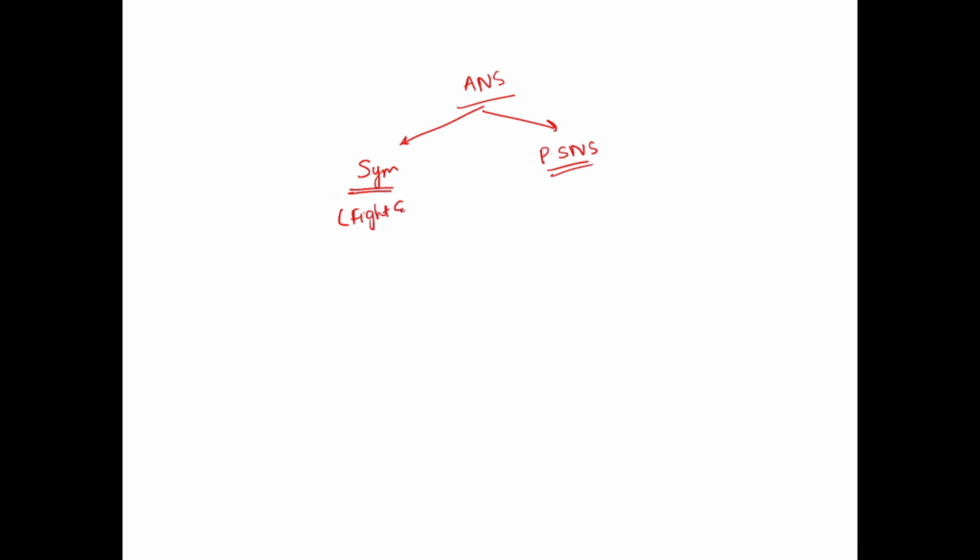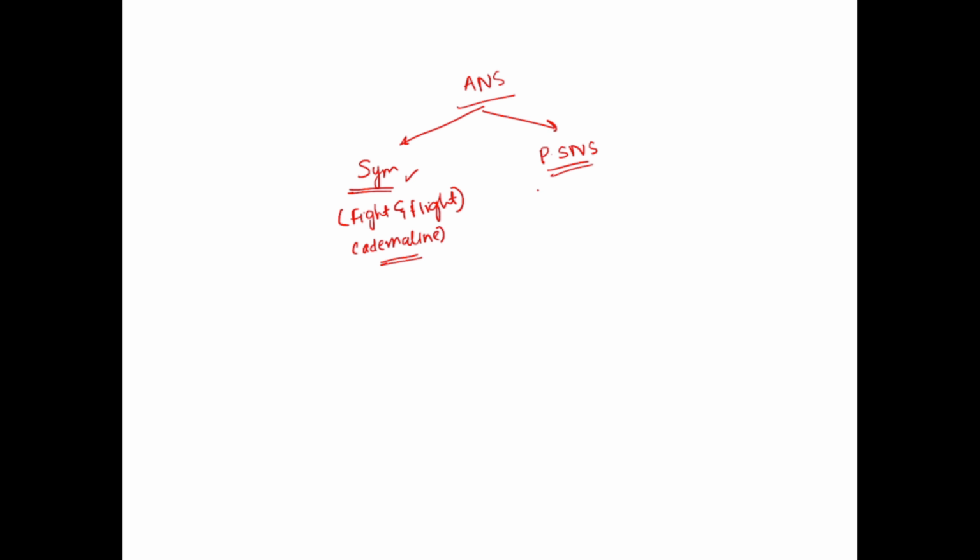Already we have discussed this; I'm just revising it a bit. This is also called the fight and flight system, which helps in facing a dangerous situation. So it mainly causes activation. For that, you mainly have your hormone or neurotransmitter, that is adrenaline, which is responsible for the activation of the sympathetic nervous system.